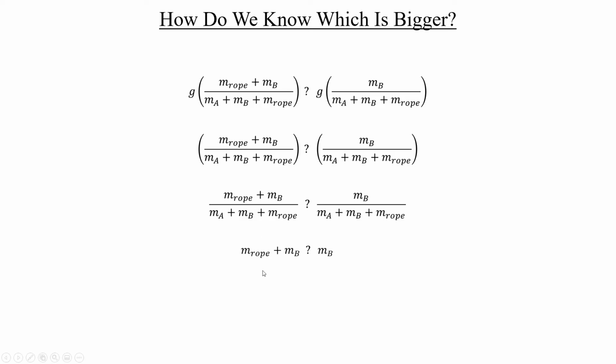And here we have the mass of block B plus the mass of the entire rope is what compared to the mass of block B by itself? Well, the mass of the rope is a positive number. So if you're taking a positive number and adding another positive number, it has to be bigger than what you started with. It has to be, right?